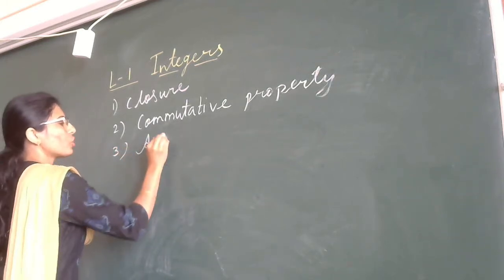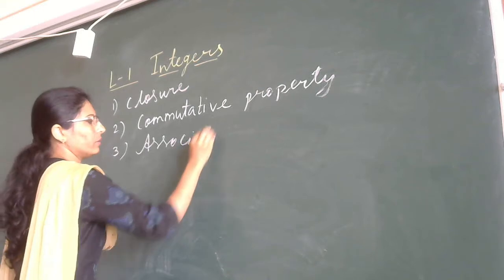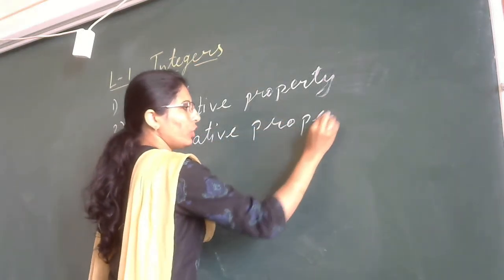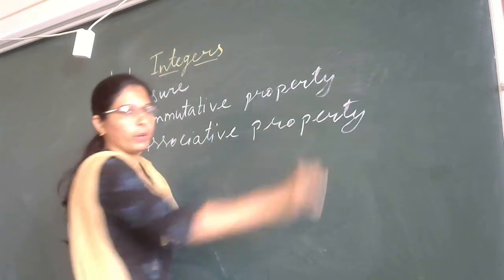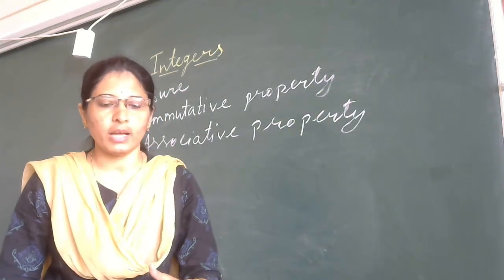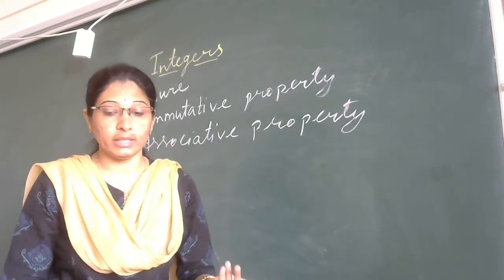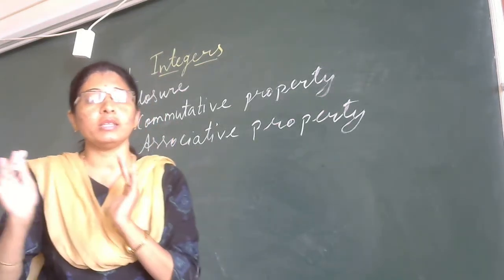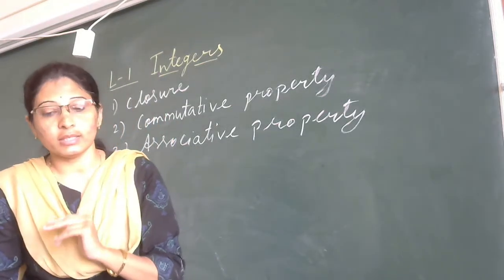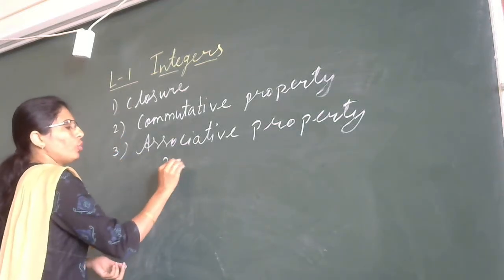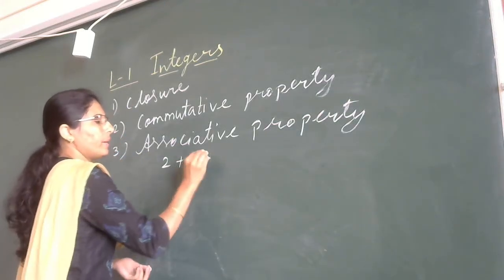Next is the associative property. Associative means we can say grouping property also. If a, b, c are any three integers and you group any two integers, we will get the same result. For example, 2 plus 3 plus 5.